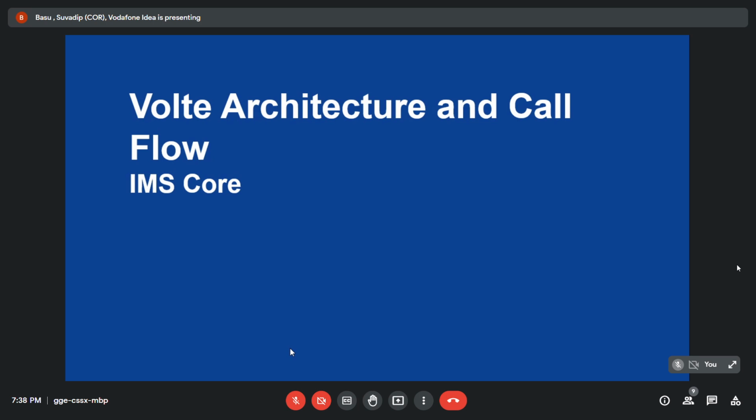After doing the VoLTE architecture and call flow, we'll take a session on the 4G technology. I initially thought I would take 4G technology ahead of VoLTE, but now I feel you need to know VoLTE first. 4G technology can wait a bit, so we can come back to that at a later stage. Okay.